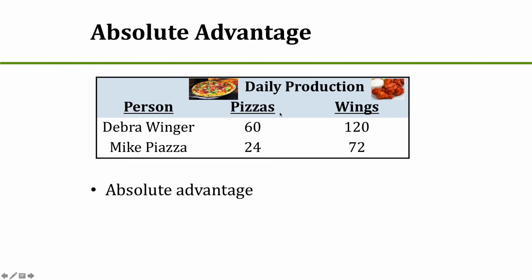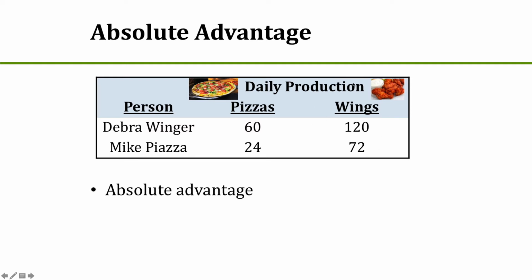Let's cover the pizza part first. When we compare the production amount of pizza for Deborah and Mike, I can easily see that Deborah is producing more pizza. So just comparing these two numbers, I will say that Deborah has the absolute advantage in pizza production because she's producing more.